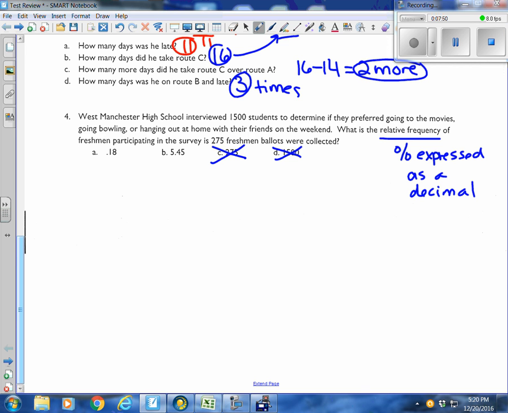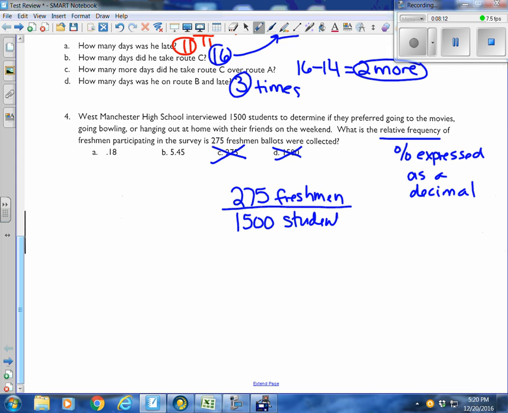This says, what is the relative frequency of freshmen in the survey? I think that means if 275 freshman ballots were collected. So I have 275 freshmen, and remember that's the part we're interested in, and the whole amount is 1,500 students that were done altogether.